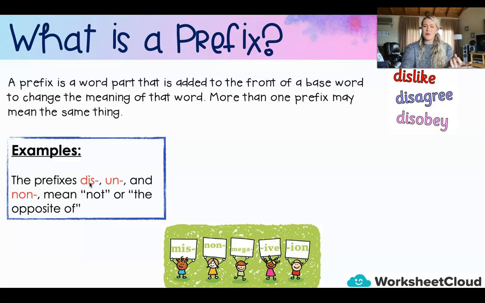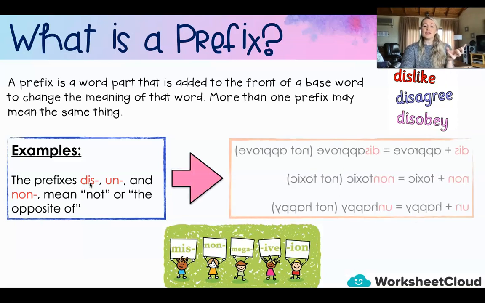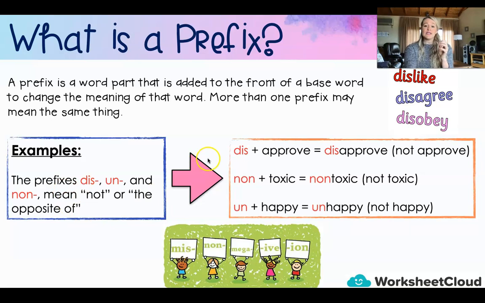Okay, so what do I mean by that? Let's have a look. If I have dis as a prefix and I add it onto my root word approve, if you approve something, you agree. But if I say disapprove, it means I do not approve. So dis, we're saying no. If we have the word toxic as our root word and we add the letters non as a prefix and it becomes non-toxic, it means it's not toxic, which means it's safe.